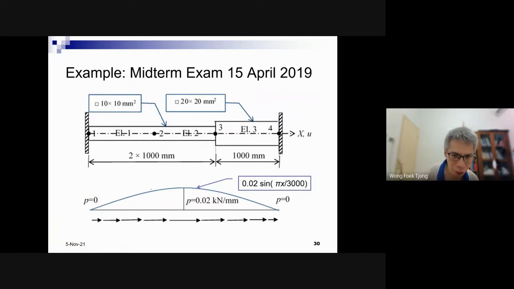In my software, I don't have the option to input the sinusoidal load, so just approximate it. If we have quadratic, just approximate. We know the value here is 0. The value here we can compute, where this is the 1000. I put 1000 here, then we can compute the sine and have the value here, and then we compute the value in the middle.